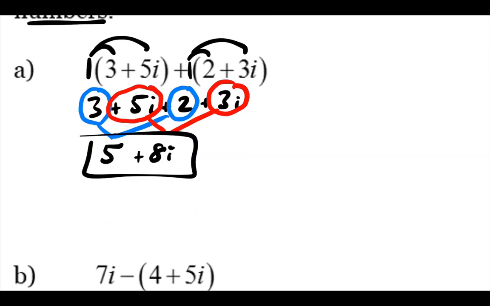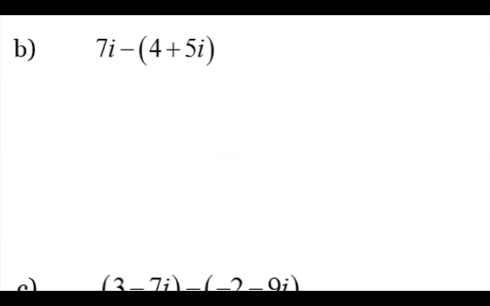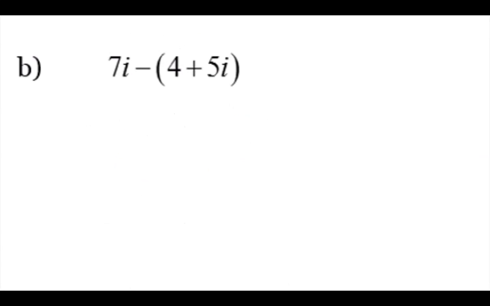Okay. So what do you think we're going to do for letter B? Same thing, but you're going to come out negative. So I've got to distribute the negative. When I distribute the negative, it's not going to be the same, right? I'm going to get -4 and -5i. The 7i doesn't get distributed, it just stays.